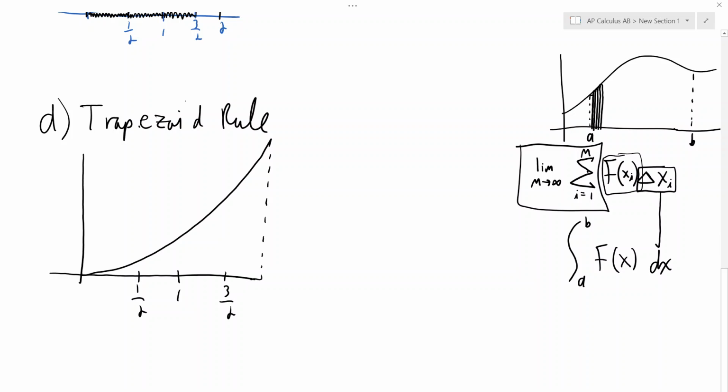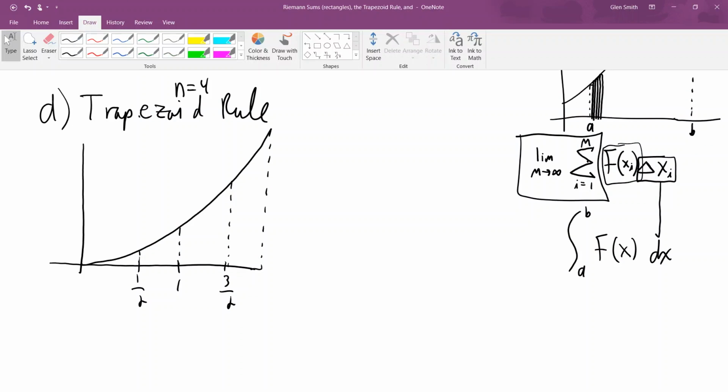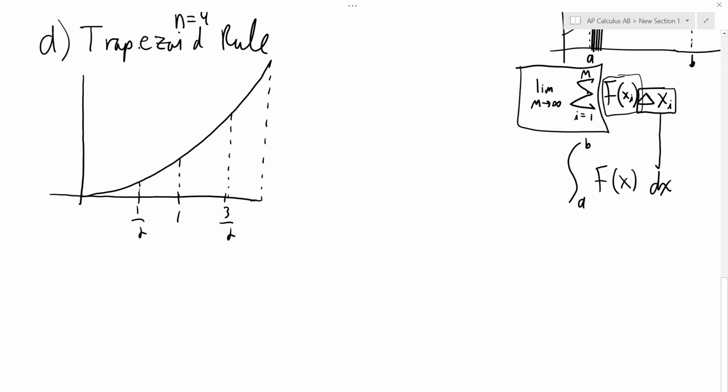And again, n equals 4, just to keep it consistent. We're going to chop it up into 4 subintervals, just like before. But rather than choosing a height to go horizontally across, I'll just do the one right here, from 1 to 3/2. We take this side and this side, and we connect them with a line.